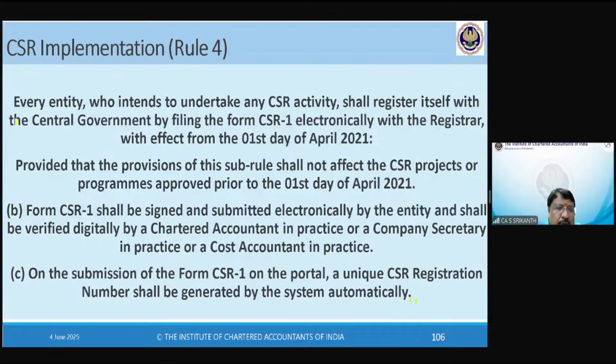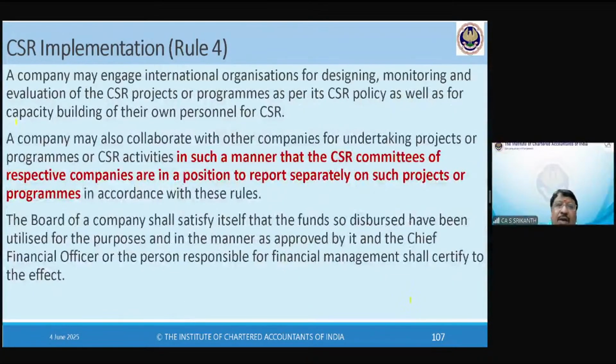Once they are registered with CSR 1, they'll get a CSR registration number. Only then they can get contribution for CSR. Okay. Jointly also companies can do, but their expenditure should be monitored in such a way that both the companies can report separately on the projects or programs.